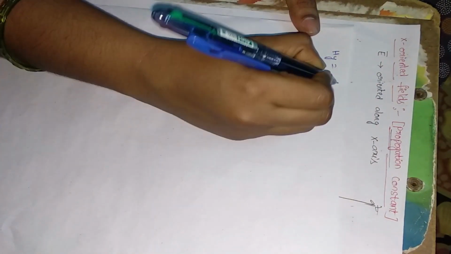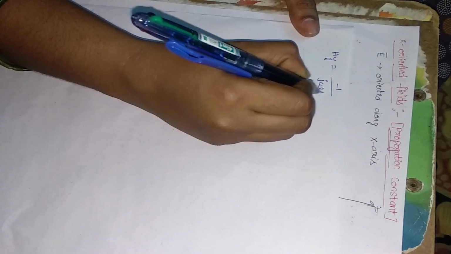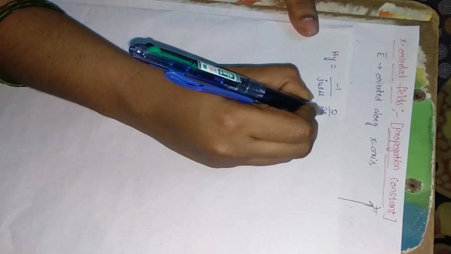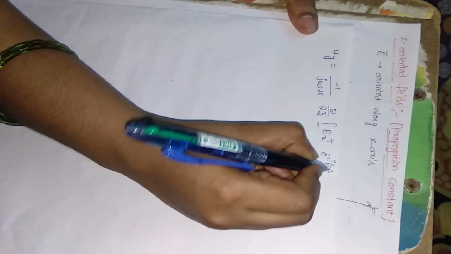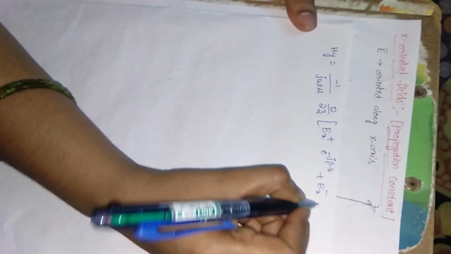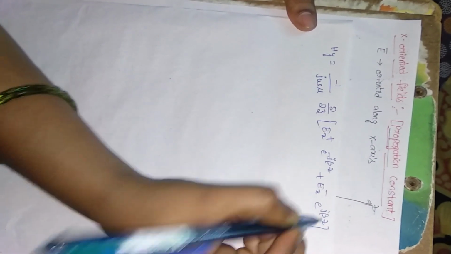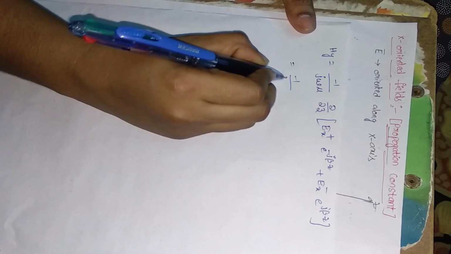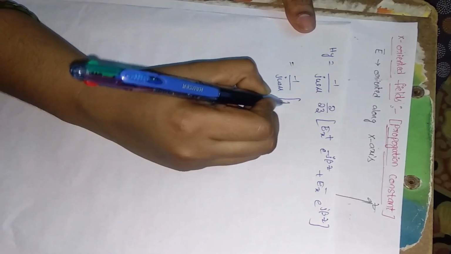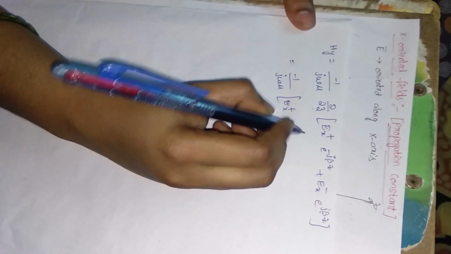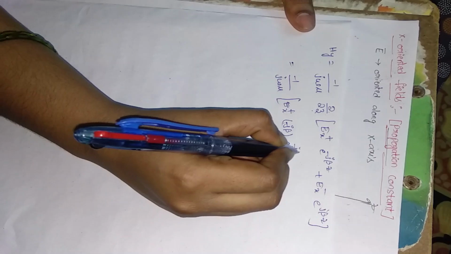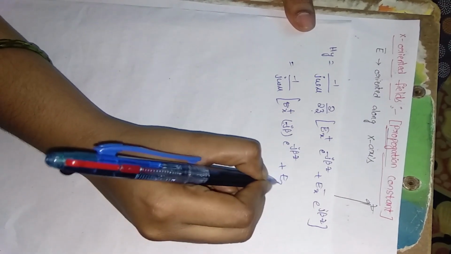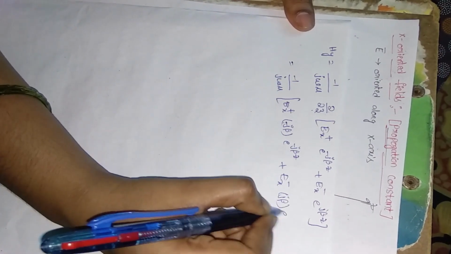Substitute this Ex here, you will get Hy is equal to minus 1 divided by j omega mu into d by dz of Ex plus e power minus j beta z plus Ex minus e power j beta z. That is minus 1 by j omega mu into Ex plus is the constant, d by dz of e power minus j beta z will become minus j beta into e power minus j beta z, plus Ex minus into d by dz of e power j beta z, which becomes j beta into e power j beta z.